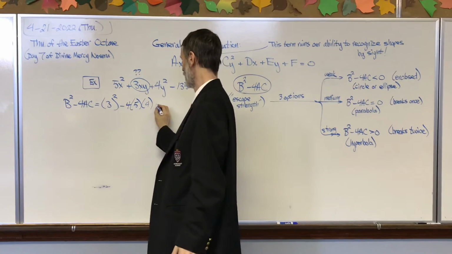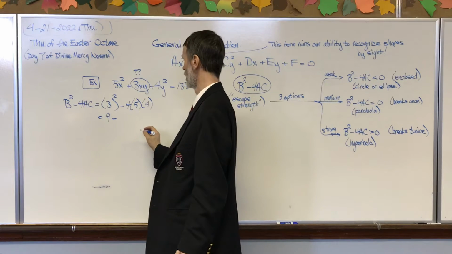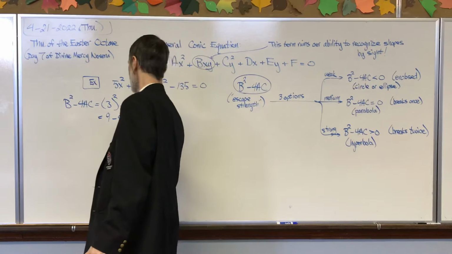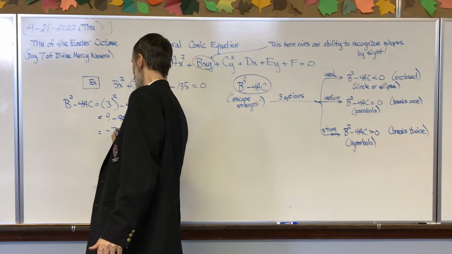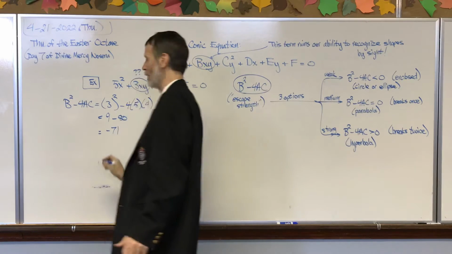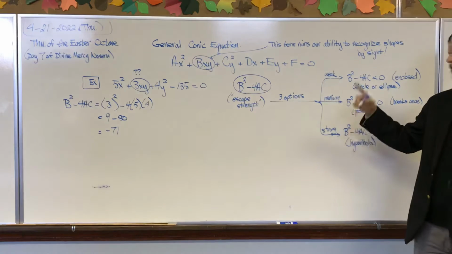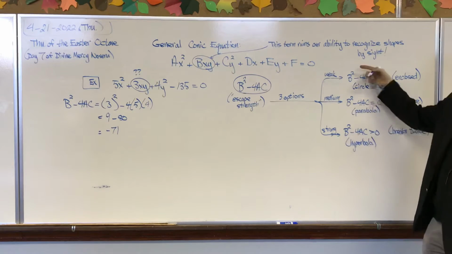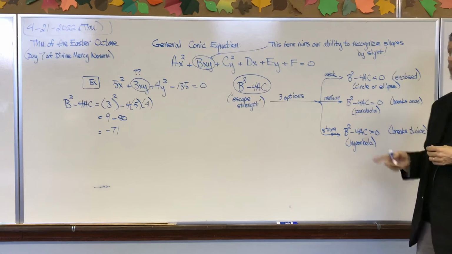Simplify. 9 minus 80. What is 9 minus 80? Negative 71. Okay. The escape strength, the discriminant rather, which category did it fall into? Weak, medium, or strong? Weak.